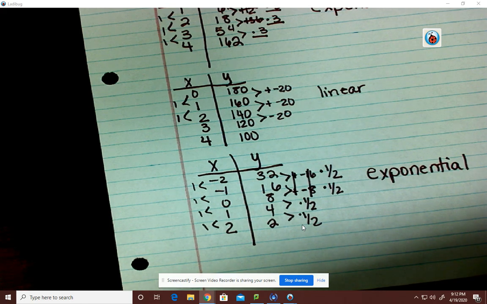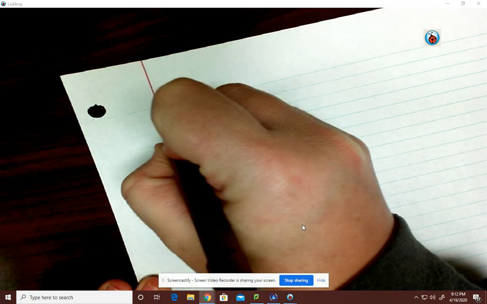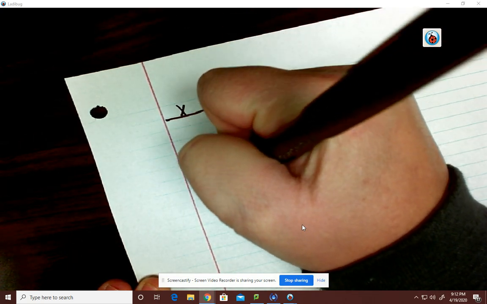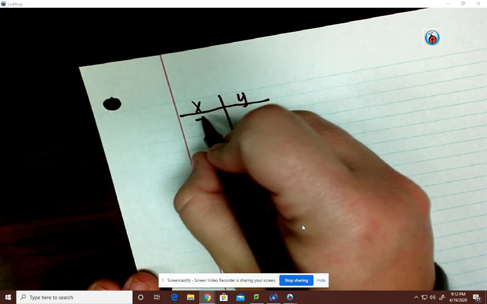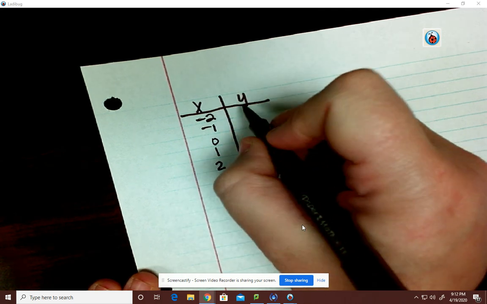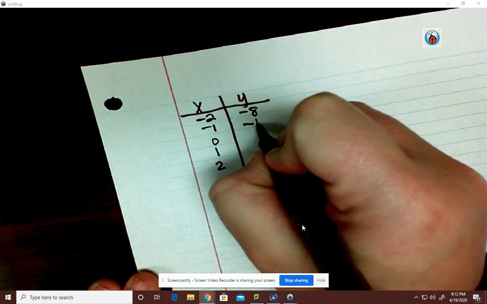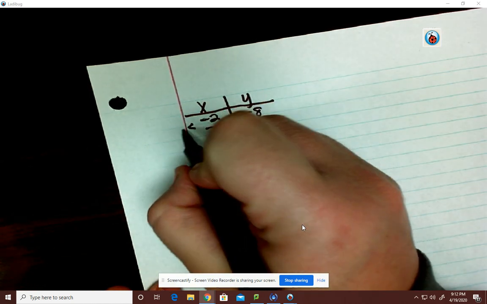All right, let's look at another one. Here we're going up by 1 each time.